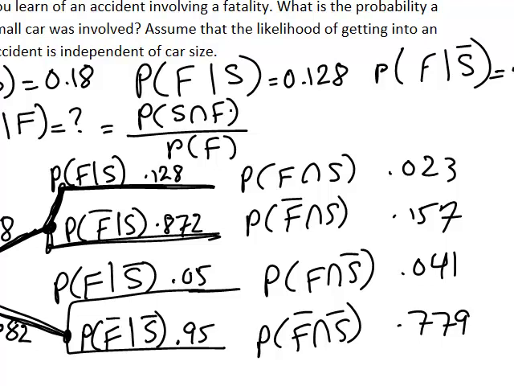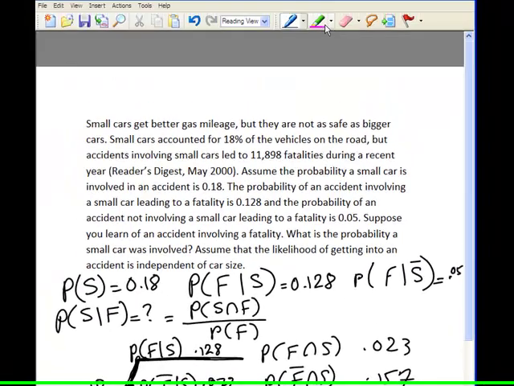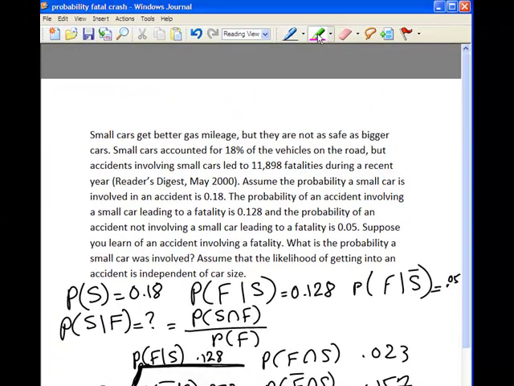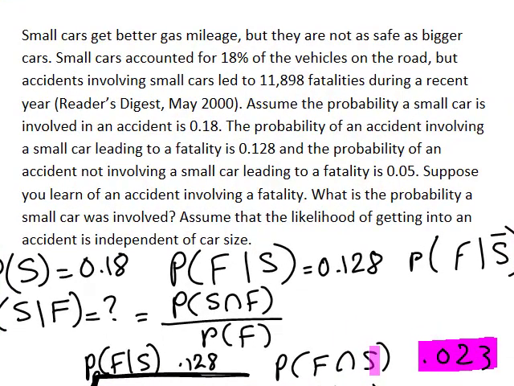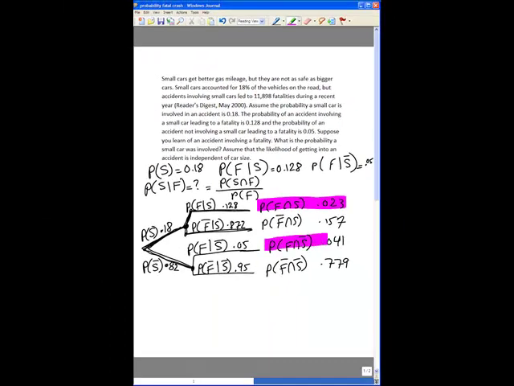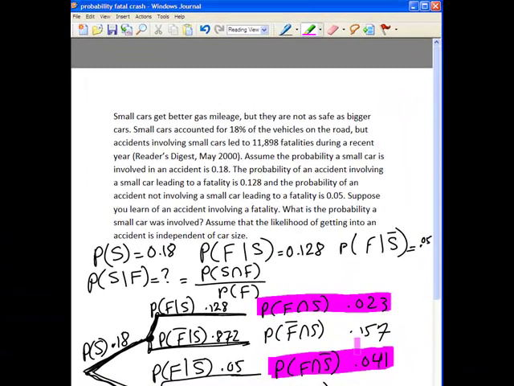At this point, we're ready to answer this question. The reason is that we know the two joint probabilities that contain the event of a fatality occurring. This is fatal and the car was small. This is fatal and the car was not small. So we have these two probabilities, the probability of F and S, and the probability of F and S bar.